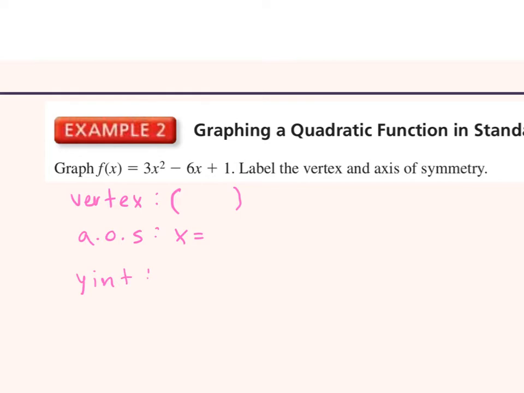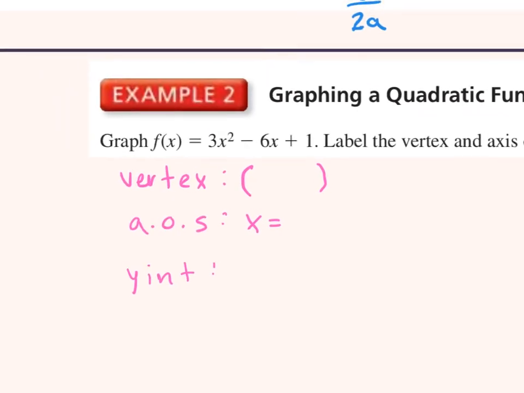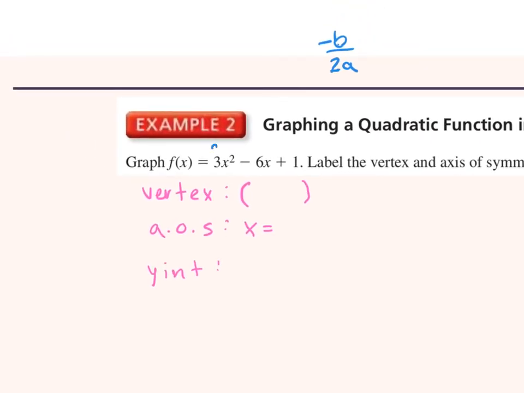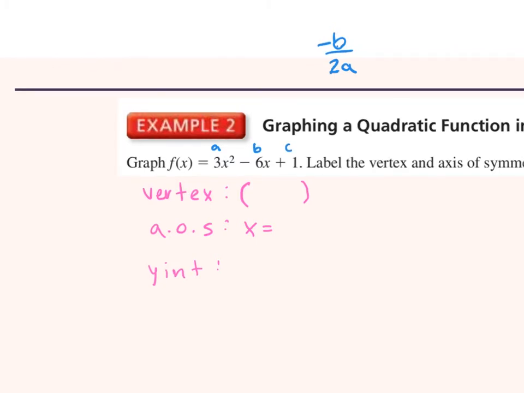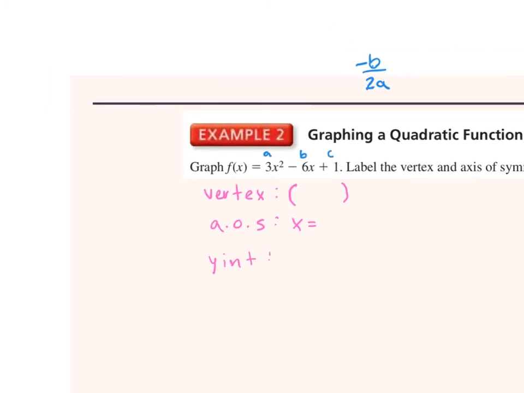Negative b over 2a. Perfect. Negative b over 2a. So this is what we use to find our axis of symmetry. And we get our a and b from our coefficients in our function. So our a is 3, our b is negative 6, and our c is 1. So we're going to plug that in.